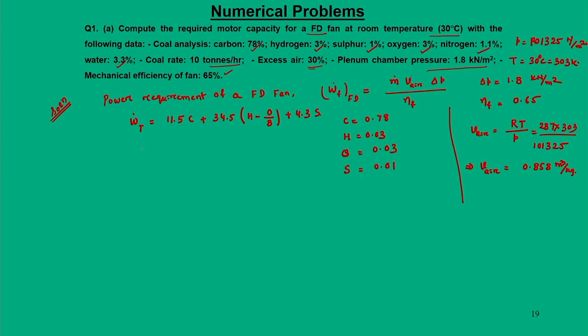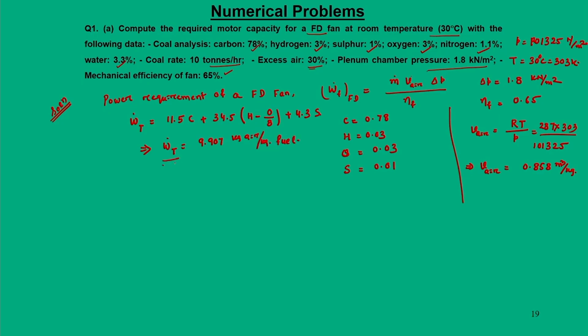So, putting these numbers, we can write W dot T is equal to 9.907 kg air per kg fuel.